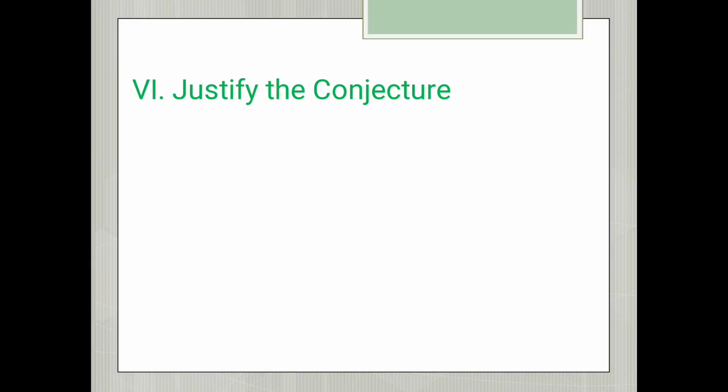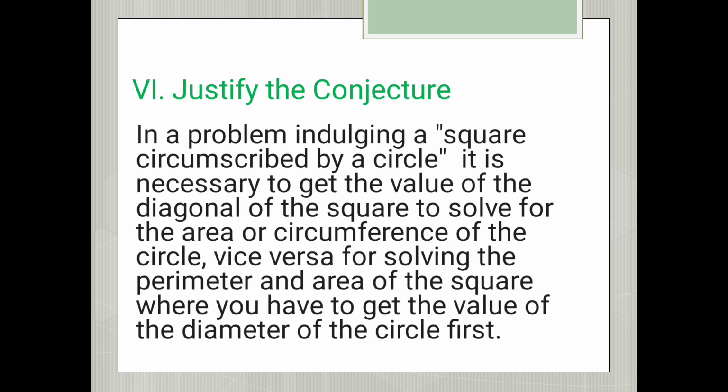Justify the conjecture. In a problem involving a square inscribed in a circle, it is necessary to get the value of the diagonal of the square to solve for the circumference of the circle, and vice versa for solving the perimeter and area of the square, where you have to get the value of the diameter of the circle first.